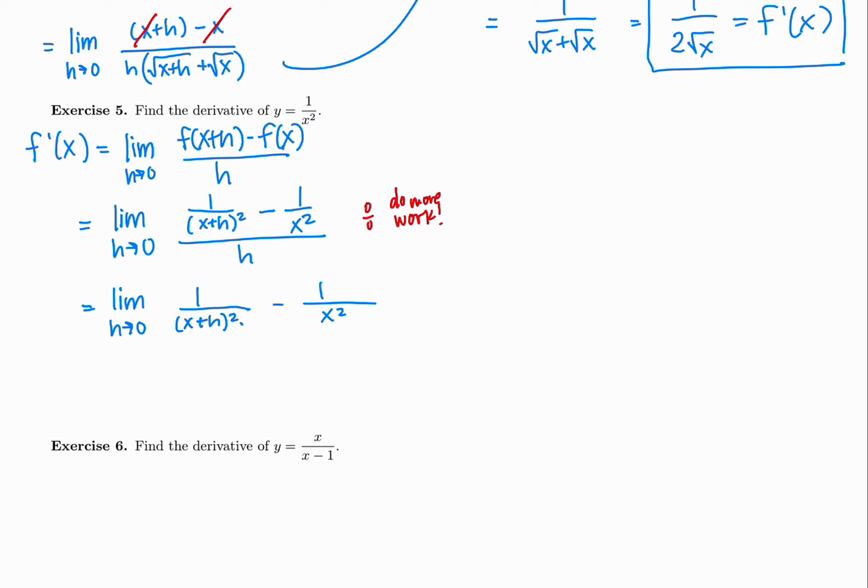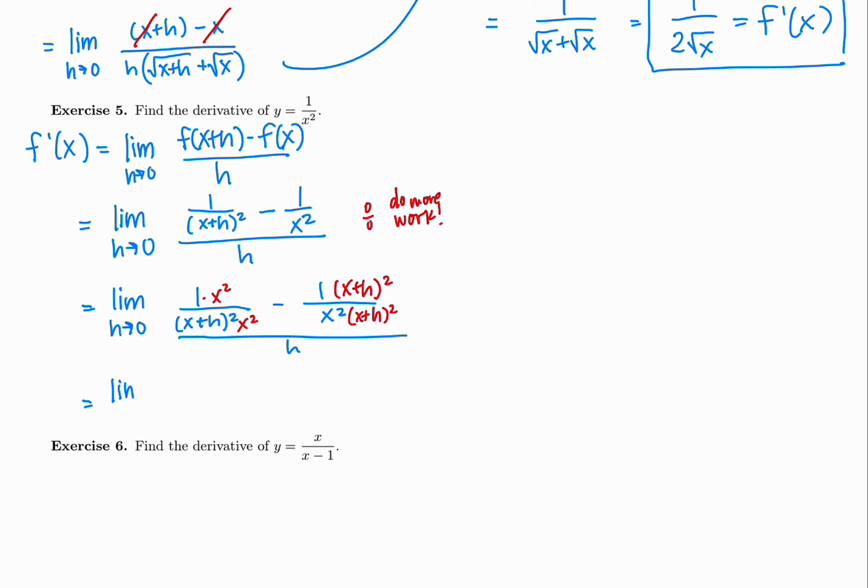I'll multiply this one by an x squared, which means the top has to be multiplied by x squared. And this one needs to be multiplied by the x plus h squared, so that its top has to be multiplied by the x plus h squared. And that gets the common denominators. And then I don't want to forget, this is all over an h. And I'll deal with it in just a minute. I'm trying to clean up that numerator first.